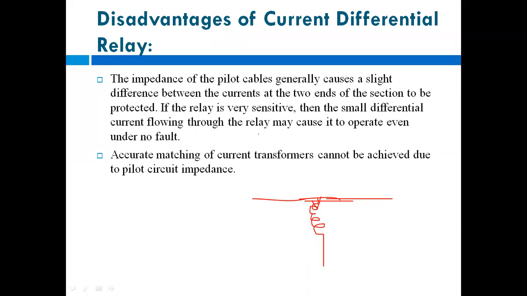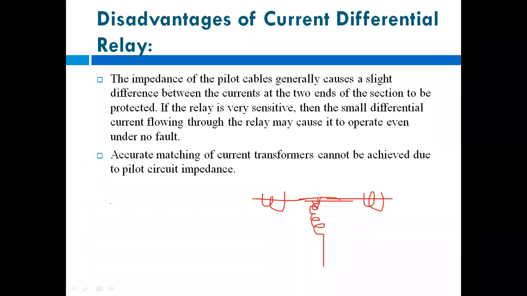Consider two current transformers connected at two sides of the equipment or system to be protected. But what is the condition? Accurate matching of current transformers cannot be achieved due to the pilot wire impedance.